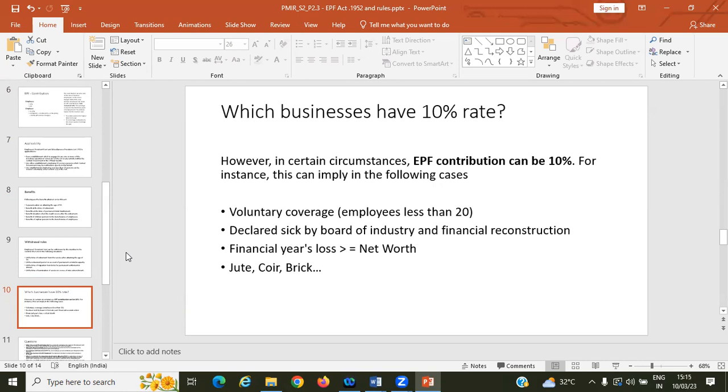And if a company has less than 20 members, this type of company contributes 10% for each of their employees. So there is an exception. Otherwise, generally everyone is contributing 12%.